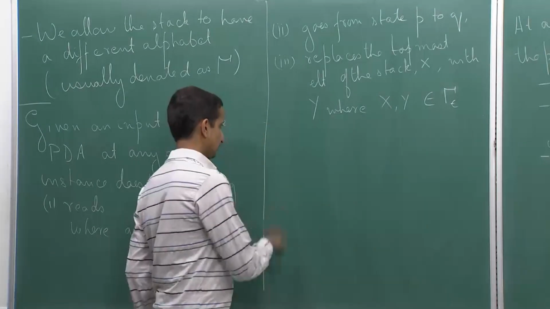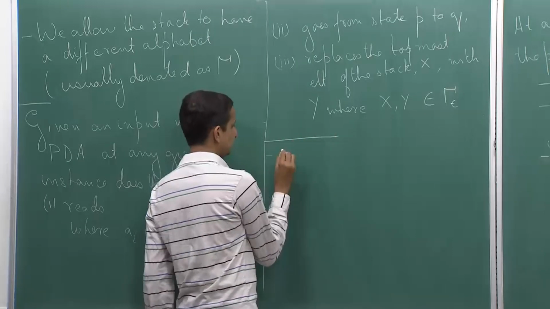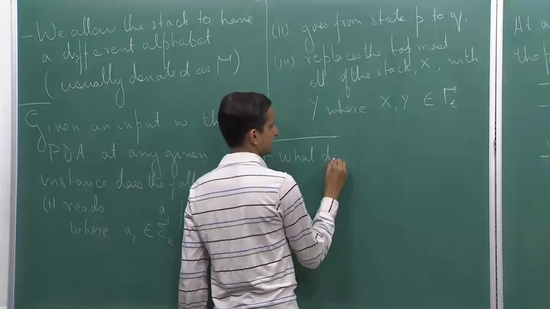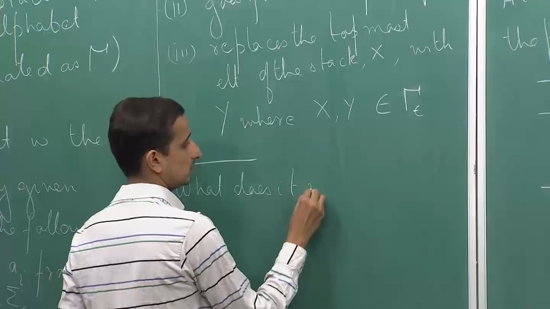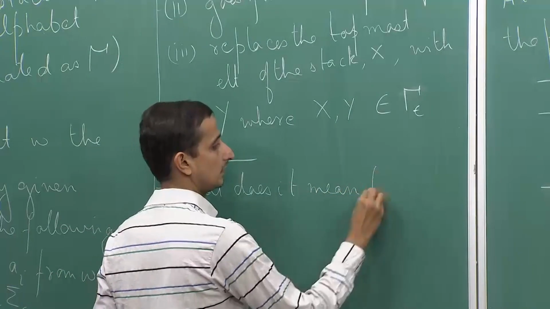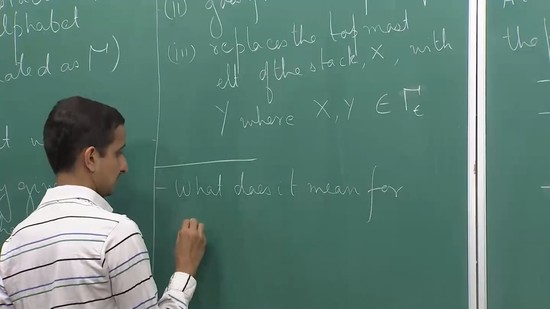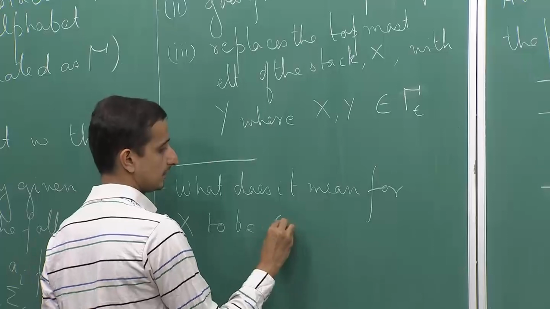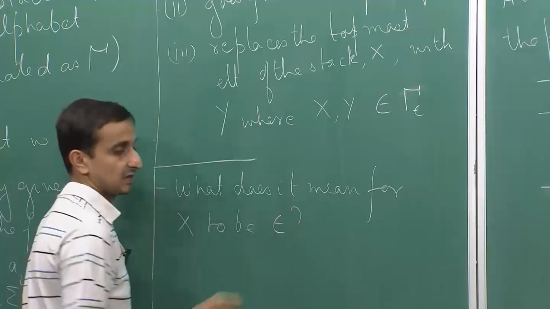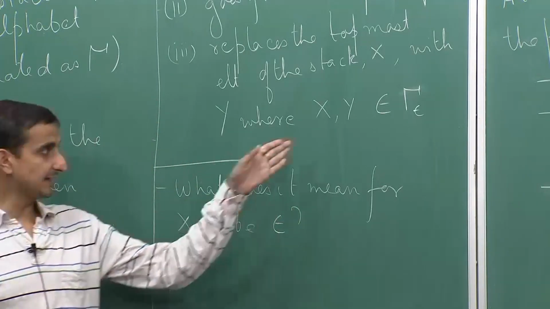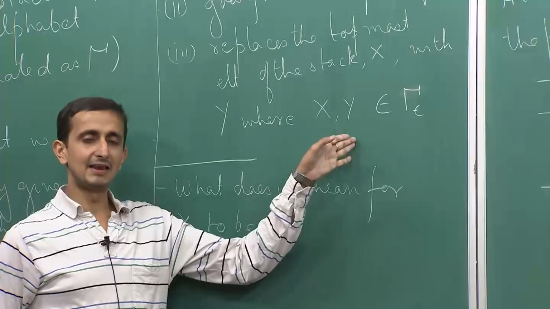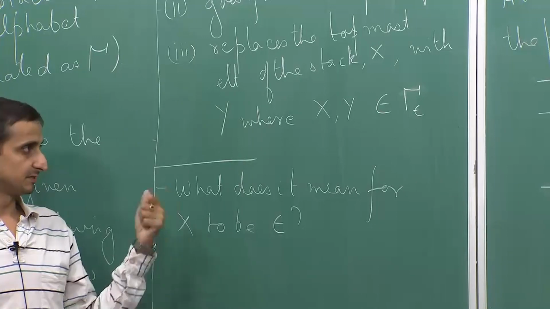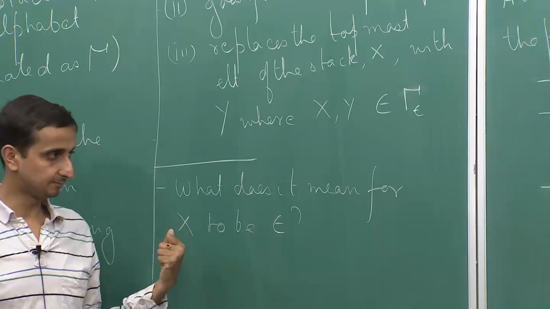Okay. So, what does it mean for x to be epsilon? Okay. So, when we have x epsilon and y, let us say some other symbol in gamma, what does that mean?